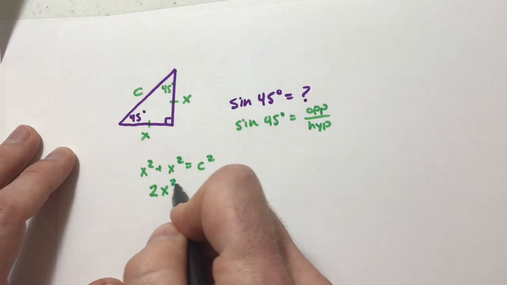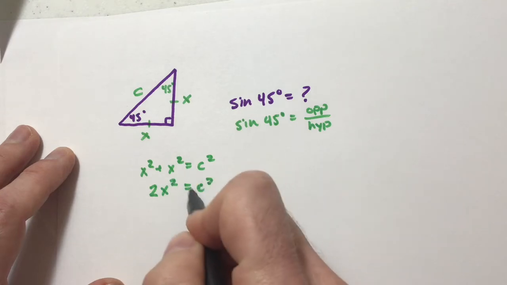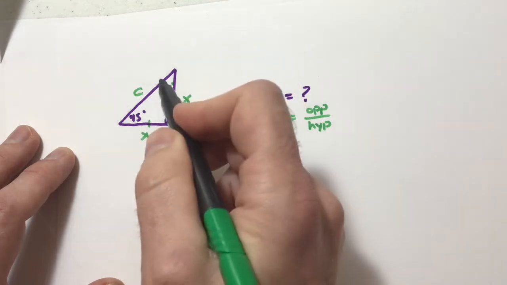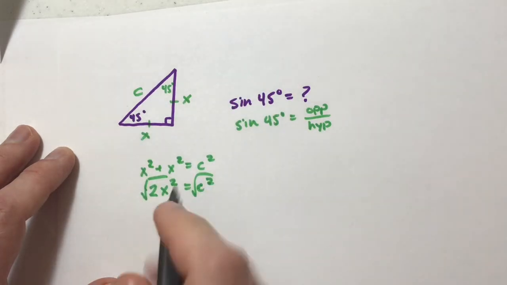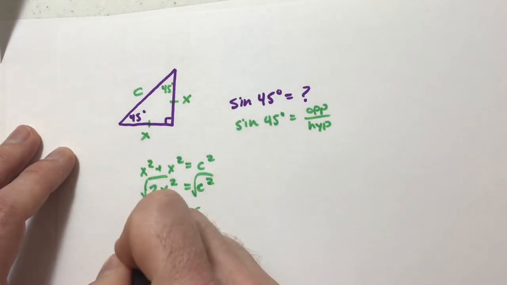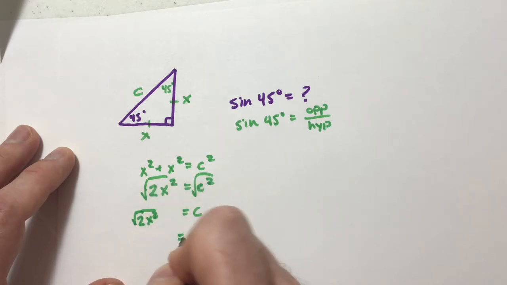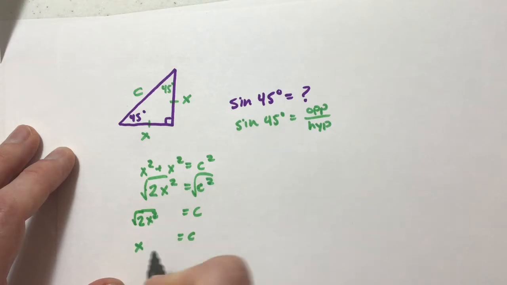So 2x squared is c squared. And I'll take the positive square root of both of these, positive because I know that needs to be positive. So c is the square root of 2x squared, or I could take the square root of the x squared and bring that outside, x times the square root of 2.